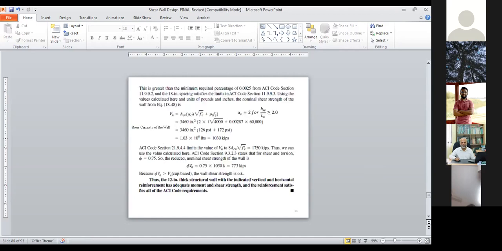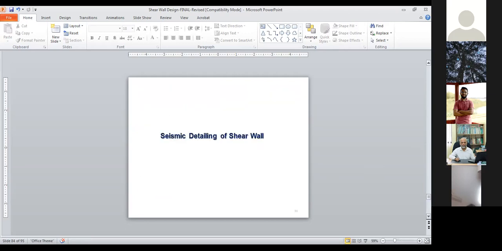So anyway, I plan to discuss up to this. Of course, you have to follow the seismic detailing of shear wall.